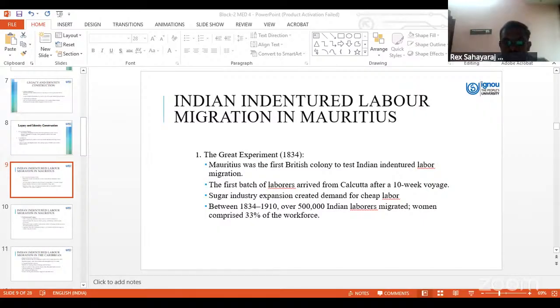Over 30,000 indentured laborers reached over the years. It seems that more than half a million Indians were brought to the Caribbean between 1832 and 1917, and they were commonly known as East Indians in the Caribbean world.